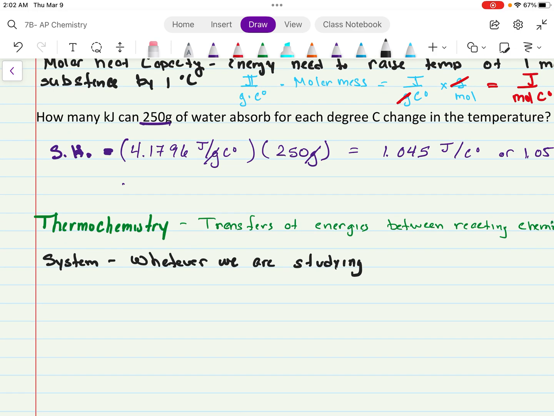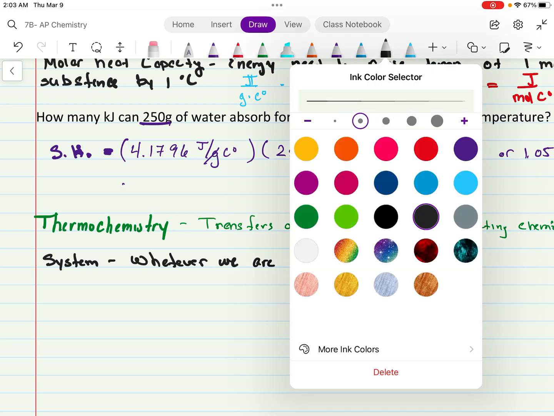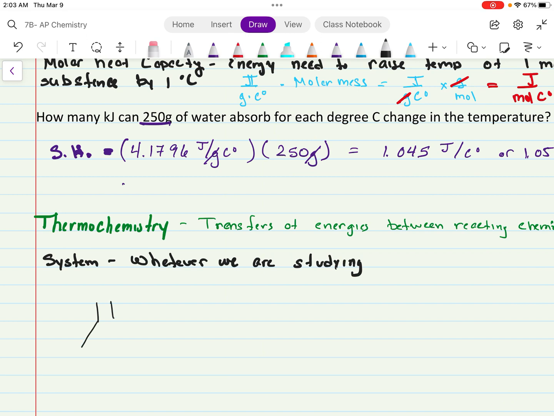Let's say our system is a flask. I'm going to draw a flask here, and we have a chemical reaction going on inside of this flask. The reaction inside is what we call the system.